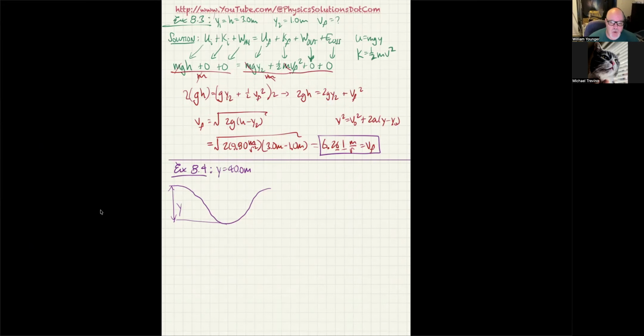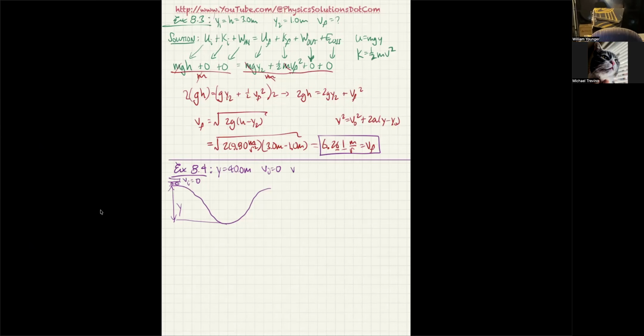And what we want to know is, we choose from rest up here, V initial is equal to 0. And what we want to know in part A is the speed of the roller coaster at the bottom.